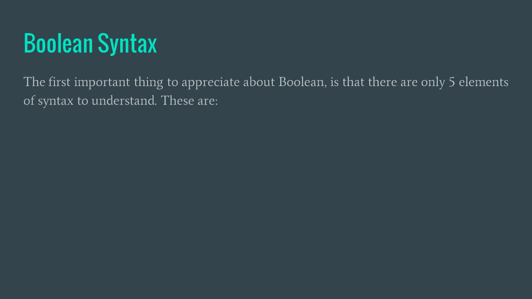So let's talk about the Boolean syntax that we need to use when we create a Boolean search string. The first important thing to appreciate about Boolean is that there are only five elements of syntax to understand: the quotation marks, the brackets or parentheses, the AND operator, the OR operator, and the NOT operator.